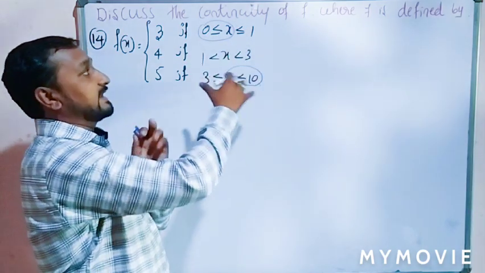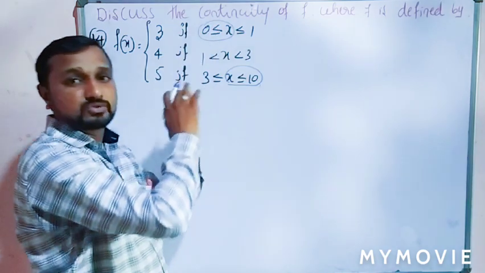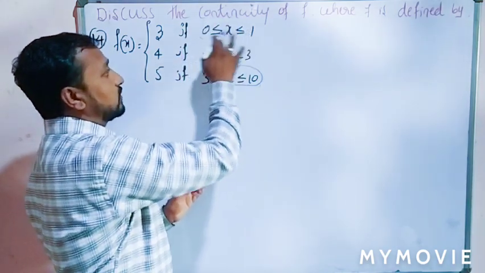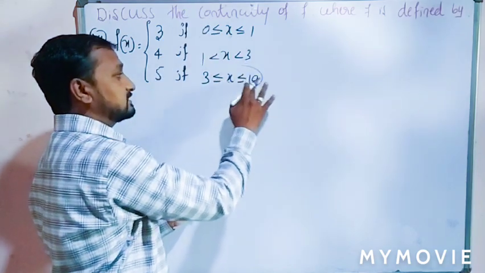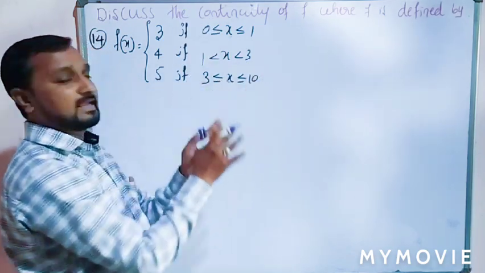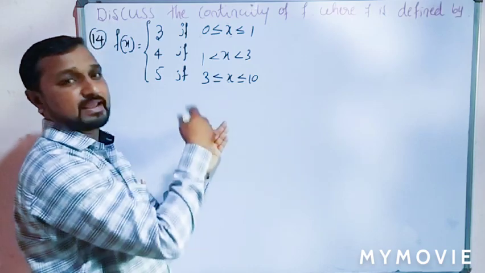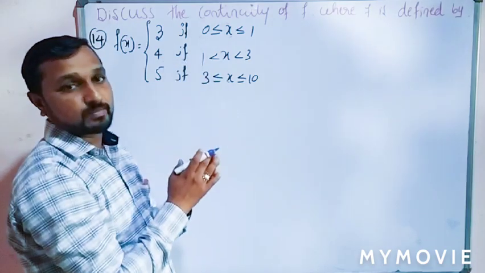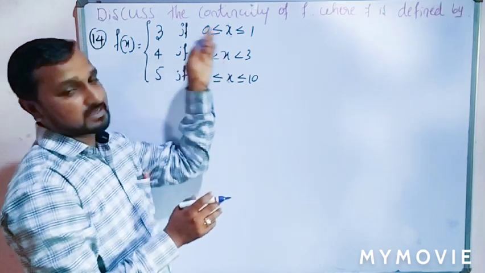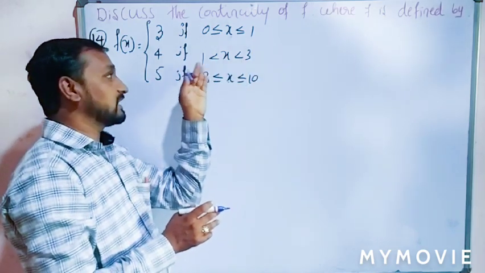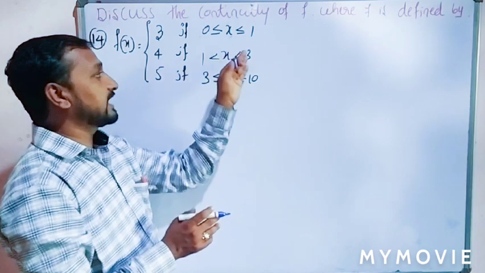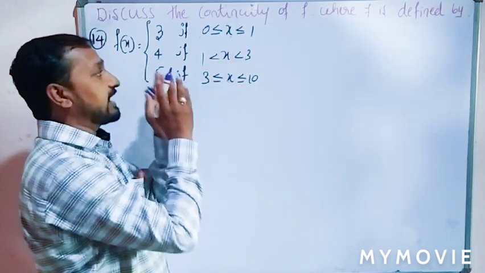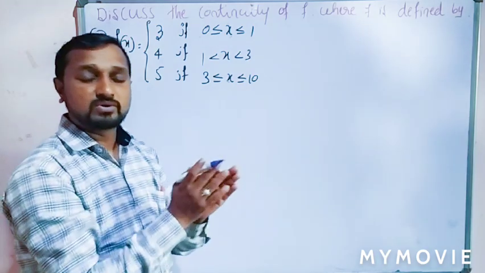That's why we take only x equal to 1 and x equal to 3, not x equal to 0 and not x equal to 10. See that at x equal to 10 or x equal to 0 there is only one value, either LHL or RHL. But at x equal to 1 both LHL and RHL exist, and the same for 3. So we can solve at x equal to 1 and at x equal to 3.